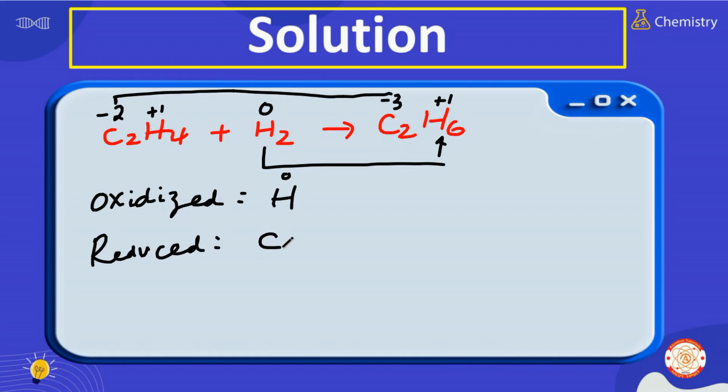So carbon with oxidation number -2 has been what? Has been reduced. Now let us see which one is the oxidizing agent and the reducing agent.